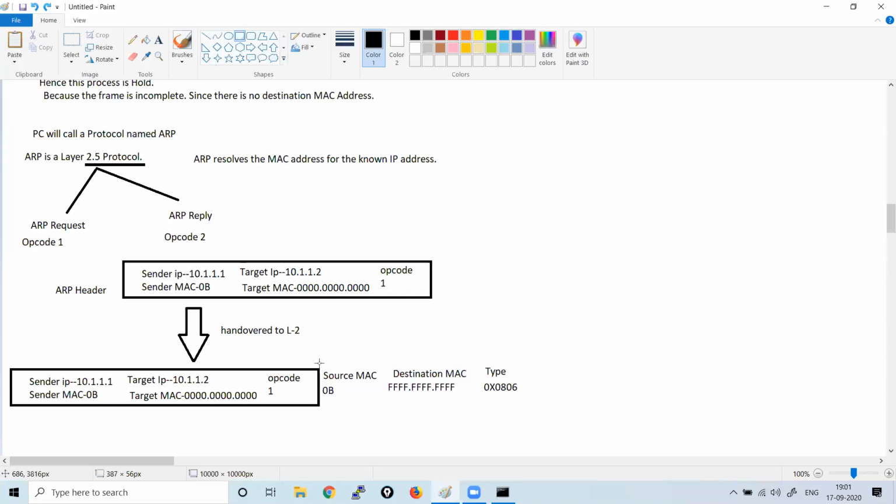Type is like the IP address, like IPv4 or 6, right? Not IPv4 or 6.